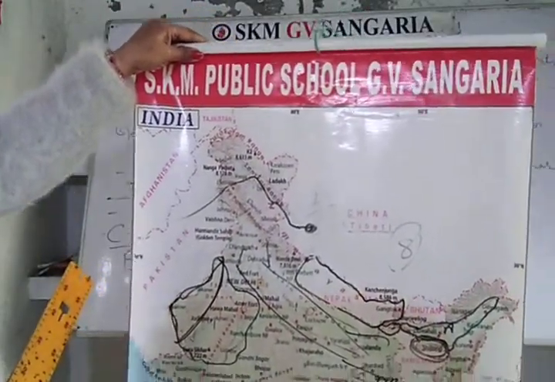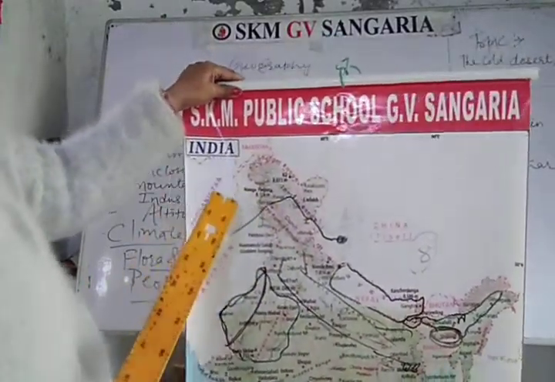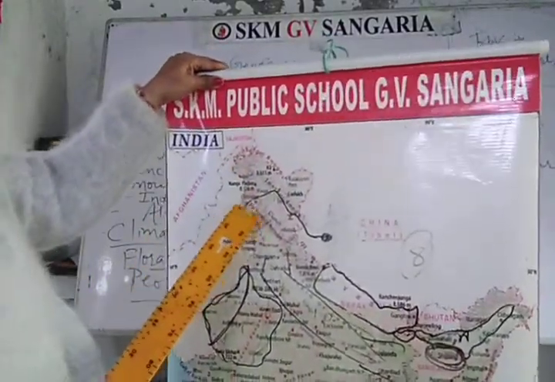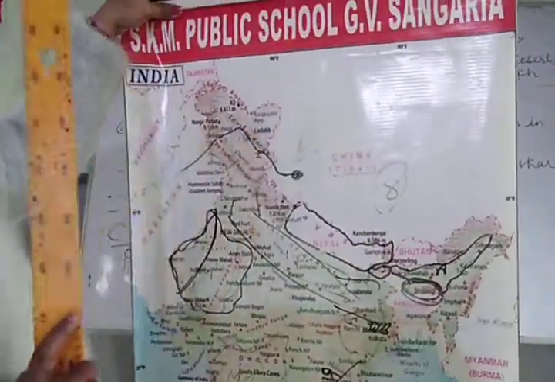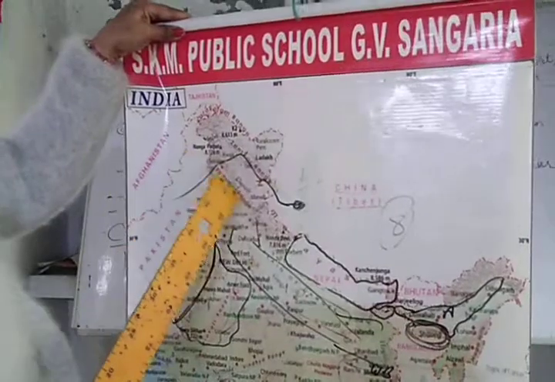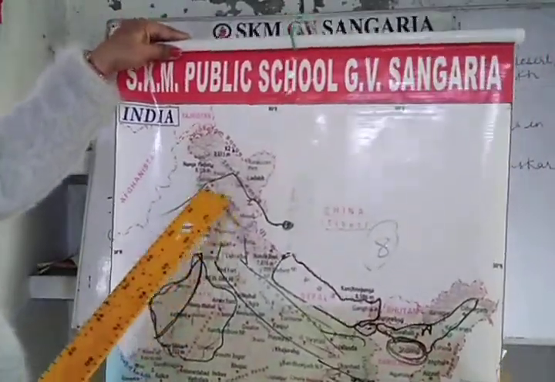This is the Janskar Range. The Indus flows through Ladakh. Which river flows through Ladakh? Indus River. And its altitude varies from 3,000 meters to 8,000 meters.